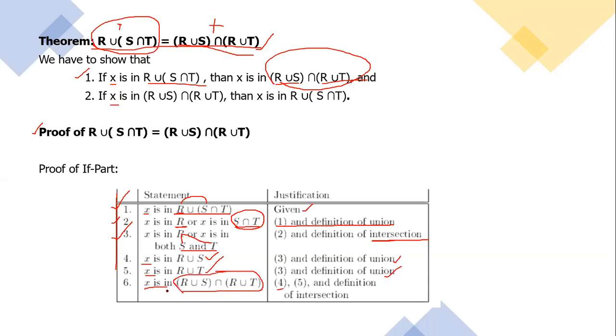Here I proved that the particular element X is in the right hand side. I have taken the left hand side, and with the definitions and the points given, I can prove that the particular element is also present in the right hand side. So the theorem is proved.